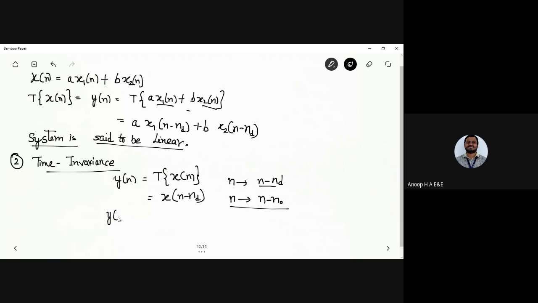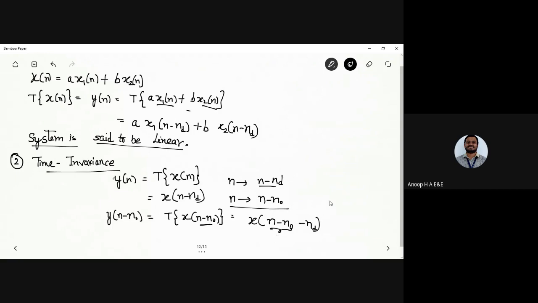So I have y of n minus n naught, that is the T operator applied on x of n minus n naught, which should be equal to x of n minus n naught minus nd. If you see here, I have just changed n to n minus n naught.